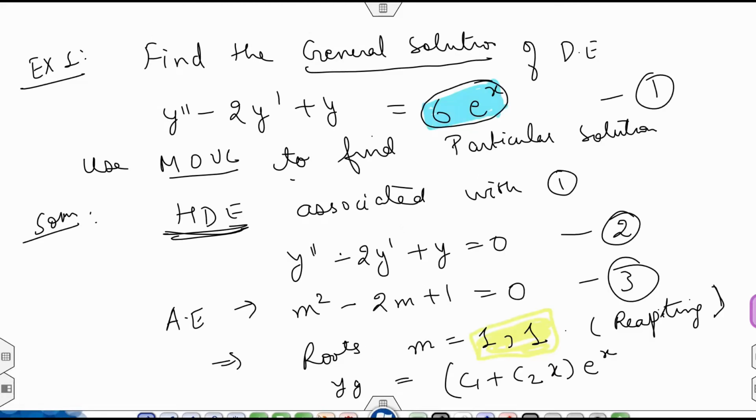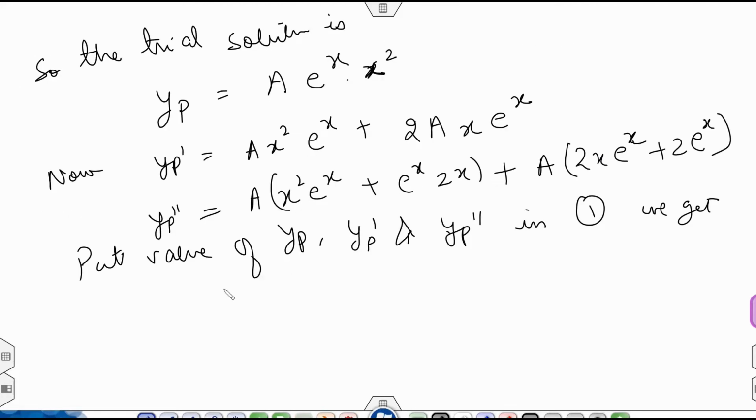I did many calculations, and after putting them in, I simply get this equation.